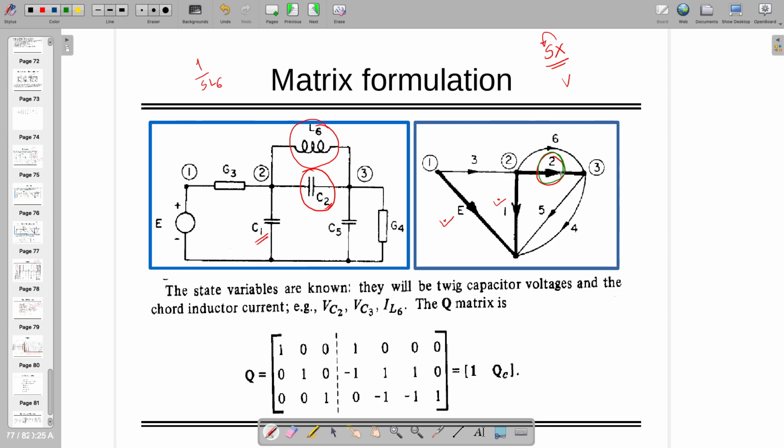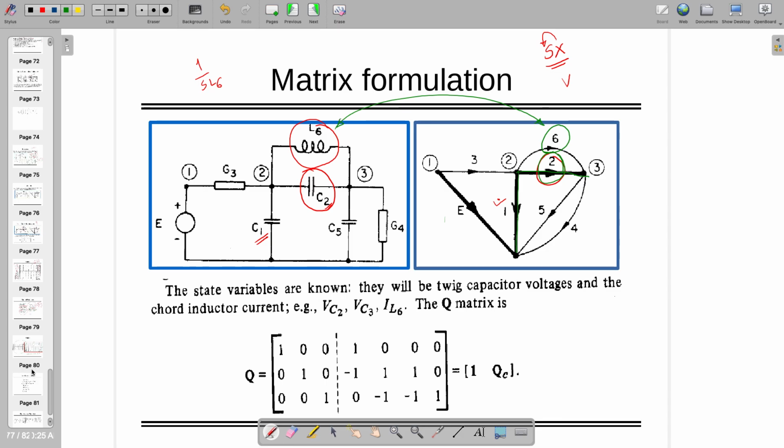Okay, V1, V2, V6 is the one where you need to take all the trees without voltage sources, and the one which we have replaced with actually the current, that is what needs to be taken.